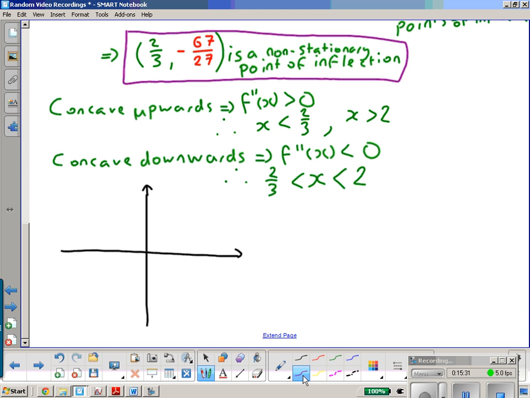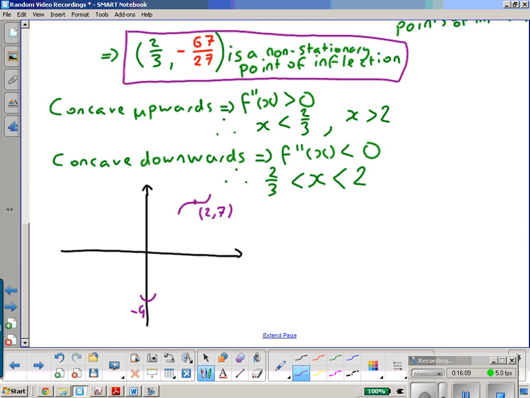The first one was the minimum at 0, minus 9. The stationary point of inflection was at 2, 7, a long way up here somewhere.